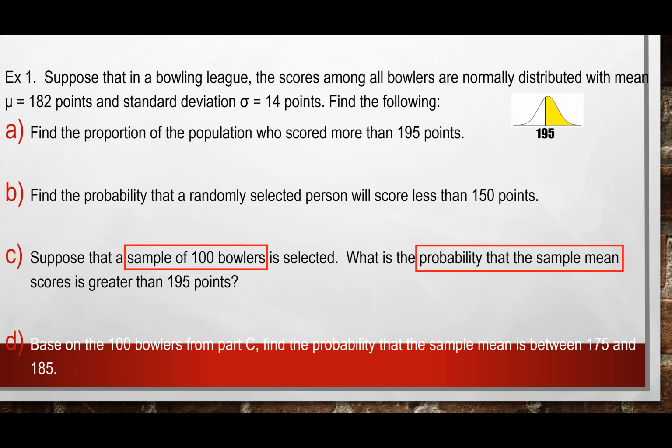And with this reminder, all we're using is a normal CDF. For our normal CDF, we need the lower limit, which in this case is 195. The upper limit is some humongous positive number, because it keeps on going to the right. Our mean will be 182, and my standard deviation is 14.